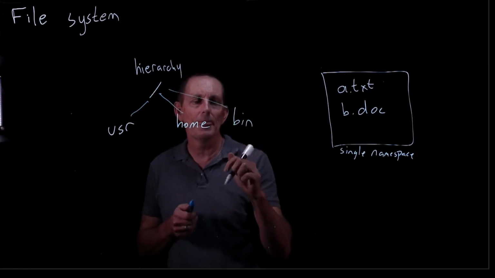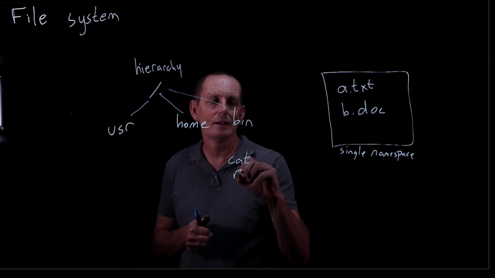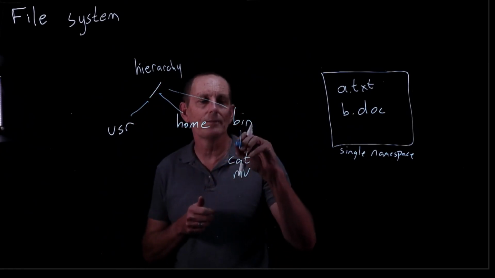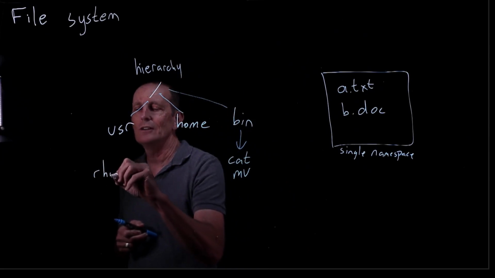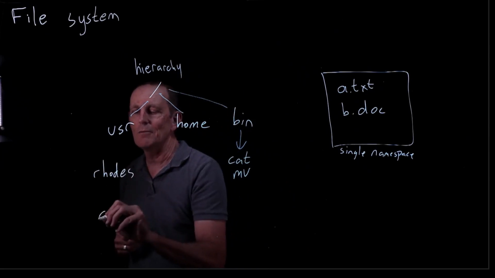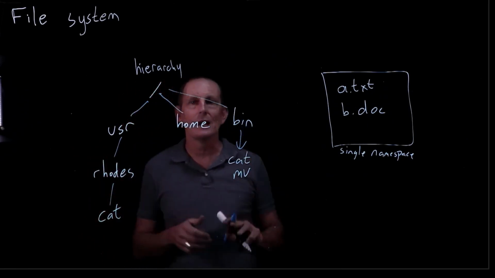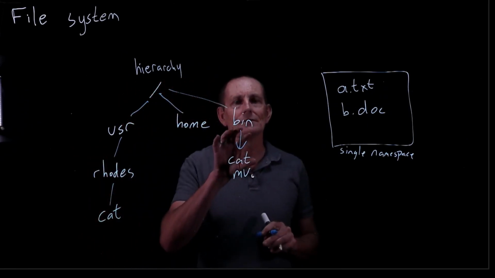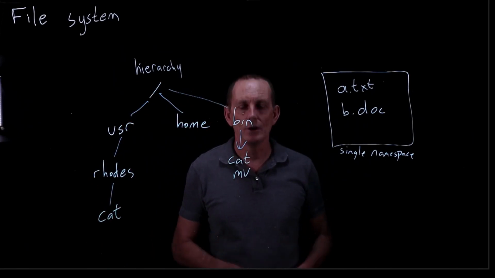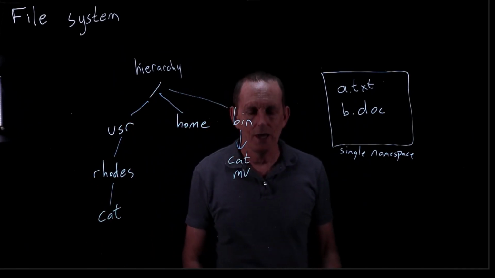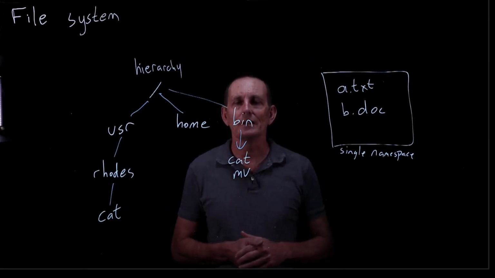And then within bin, we might have files like cat and move, etc. But I would still be okay if I had user roads. I could have my own cat in the roads directory if I wanted, because the namespace is this hierarchy. And so only within a specific directory are you limited to not repeating file names.